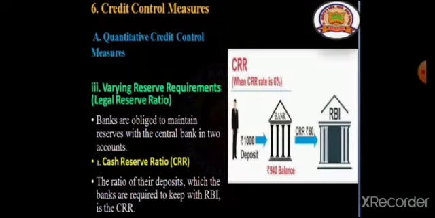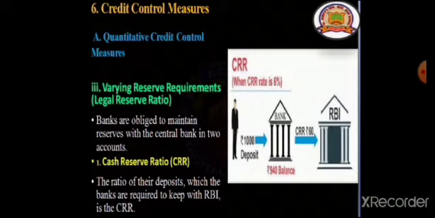The third important type in this quantitative credit control measure is known as varying reserve requirement, which is also known as legal reserve ratio. This legal reserve ratio has been subdivided into two types.